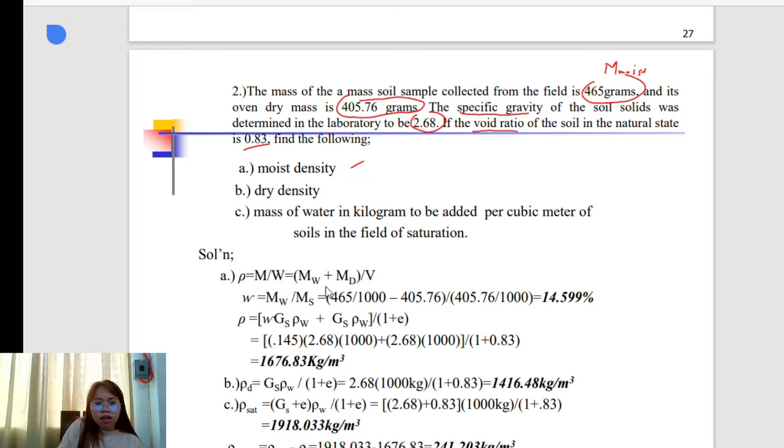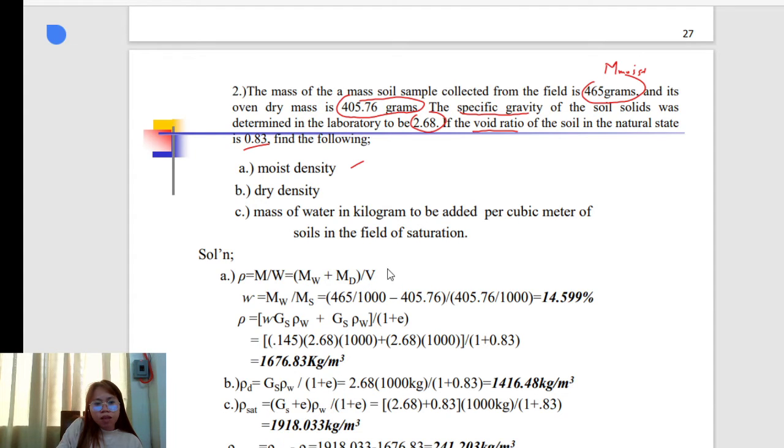This is actually equal to the mass of the soil over the volume, or equal to the weight of the water plus the weight of the dry solid over the total volume.